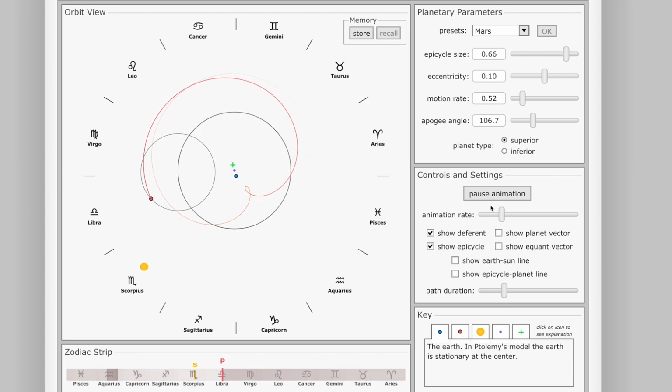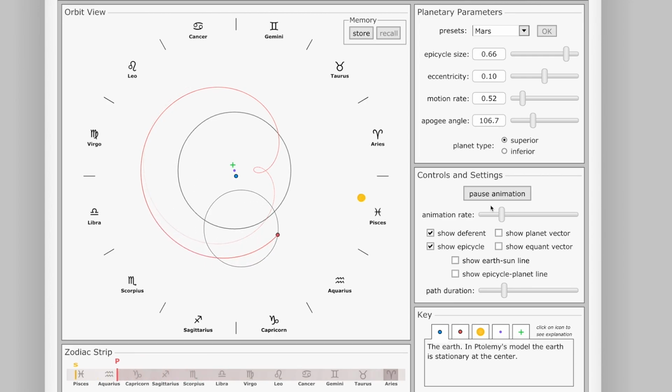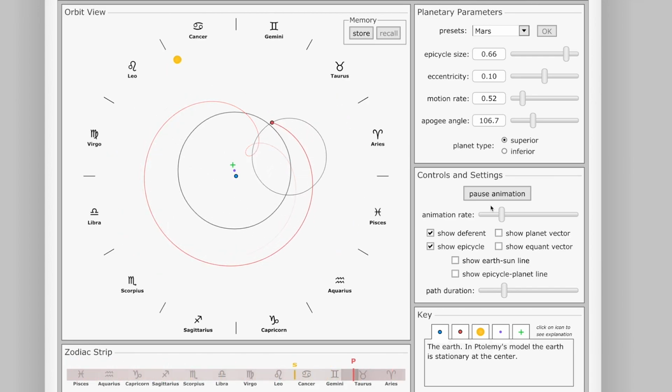The result of that is that Mars traces out a path which causes it to get progressively closer to and farther from the Earth. When it gets close, it goes into a sort of loop motion, like you just saw right there. And that is going to correspond to a time when the planet goes into apparent retrograde motion.